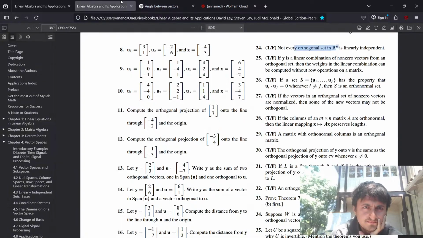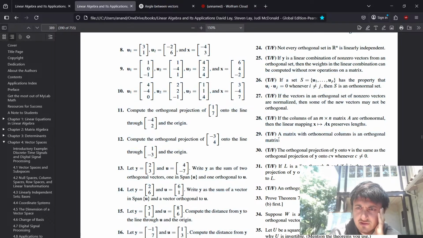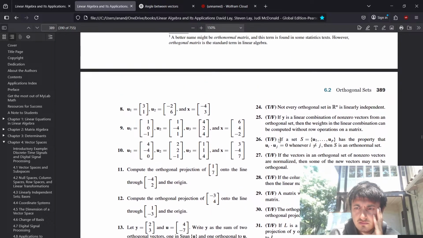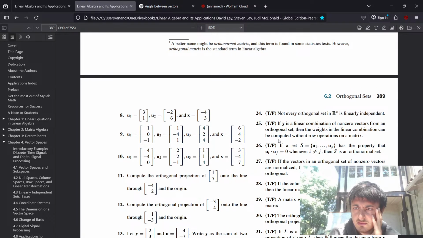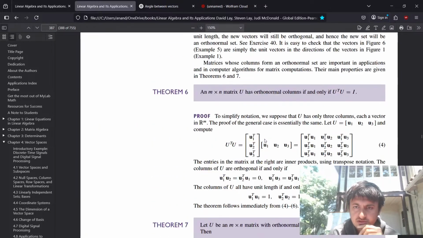Wait, what? 29? A matrix with orthonormal columns is an orthogonal matrix. Wait. What's the definition of orthogonal matrix?